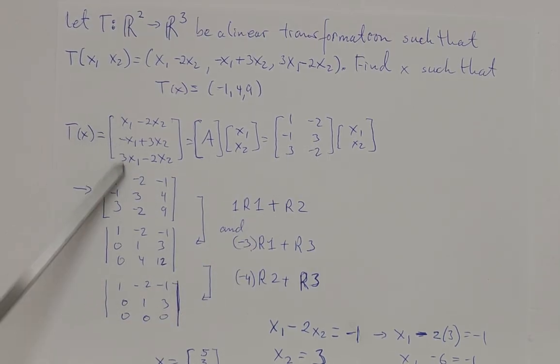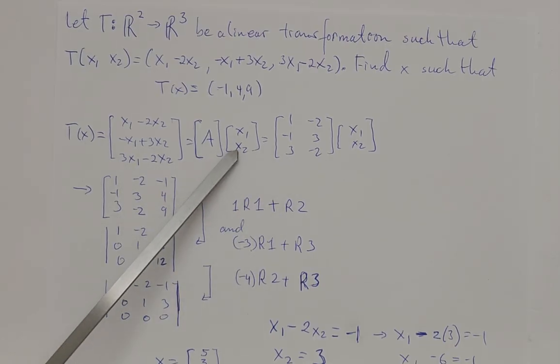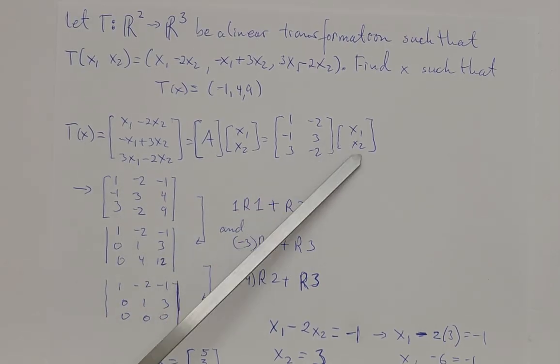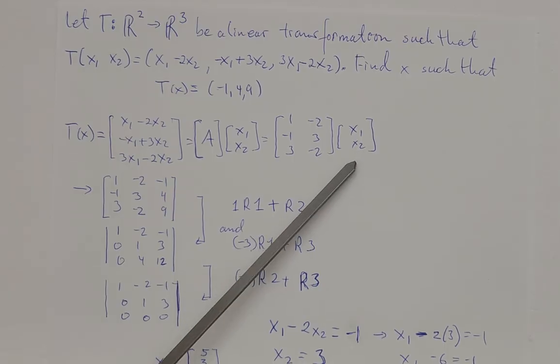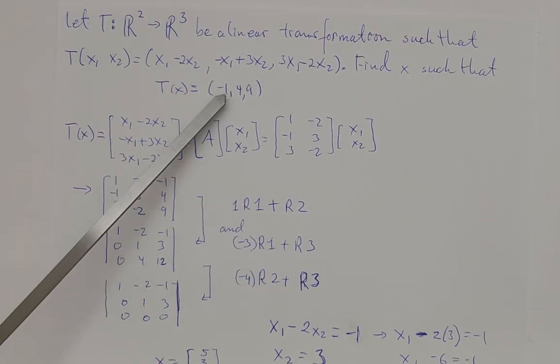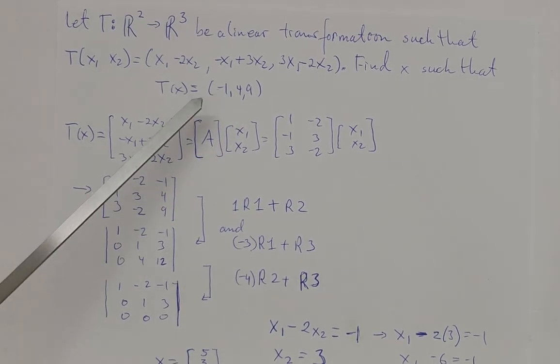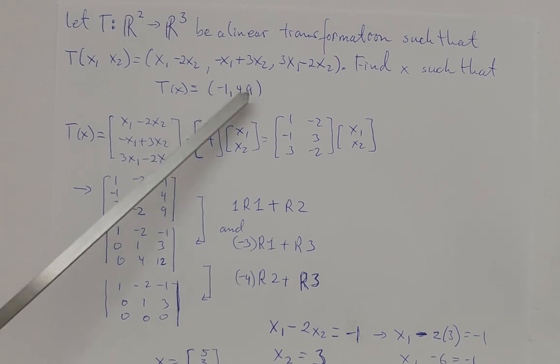Okay, so these coefficients will become our matrix A, and I only have two variables, x1 and x2. So this is our matrix A, and we're going to use -1, 4, 9, which is for the last column, to find the solution so that I can get -1, 4, and 9.